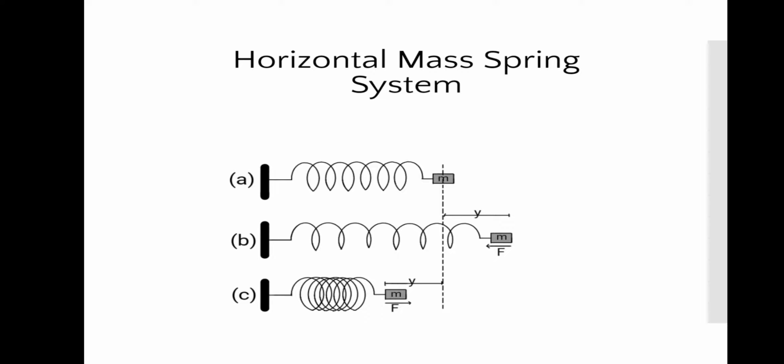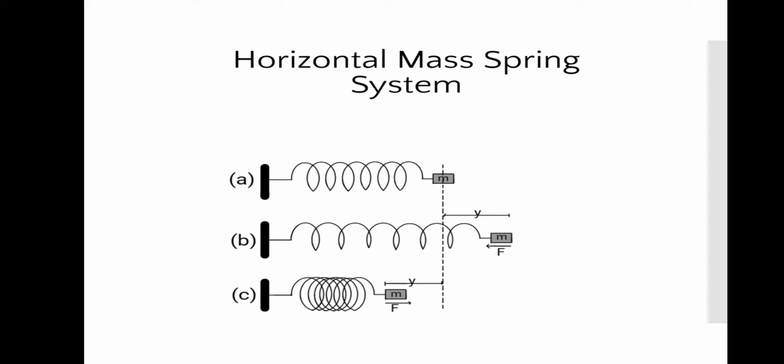So once the kinetic is 0, the potential must be maximum. So in the second one, in letter B, the velocity is 0, kinetic energy is 0, potential energy is maximum, force is maximum too, and once the force is maximum, the acceleration must be maximum as well.